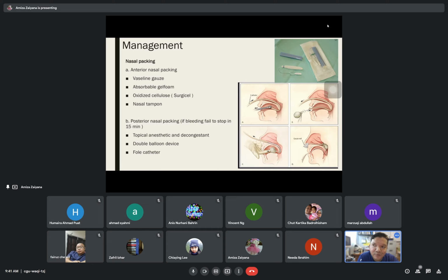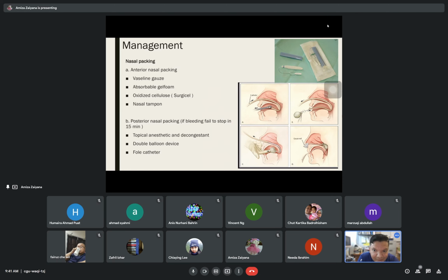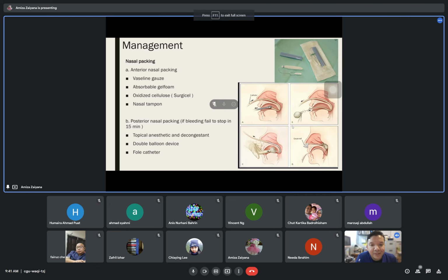The other size goes up to 12 to 15 cm. If it is a posterior bleed, you can still use the rapid rhino, or you can insert a small Foley's catheter, like your second photo below. Your second photo, you can use that.